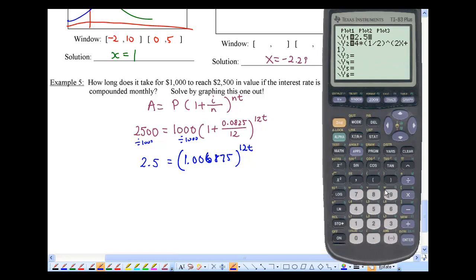Y1 is 2.5. Y2 is 1.006875 raised to the power of, man, lag. 1.006875 to the power of bracket 12x, close bracket, not 2x, 12x.